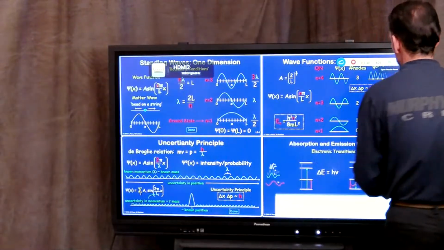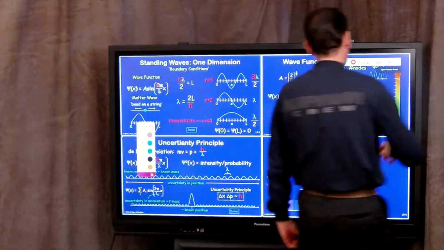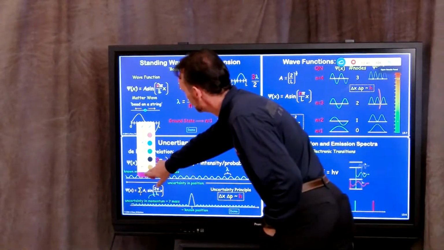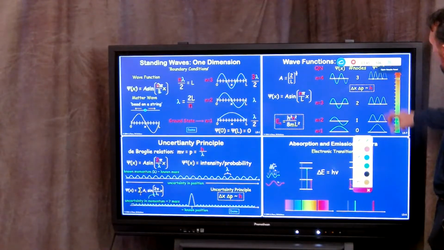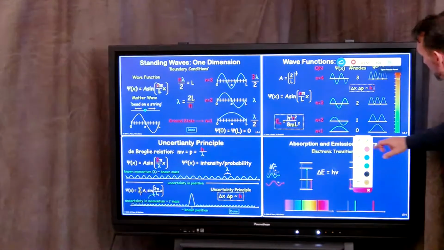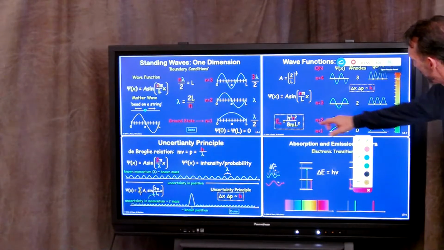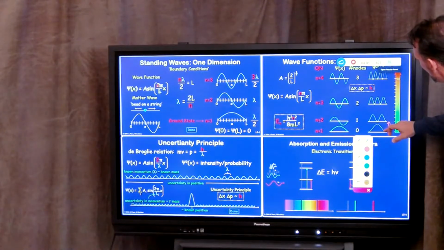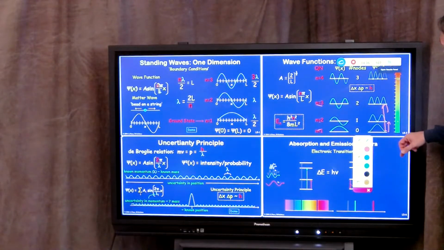That energy spacing is reflected here. So here's the correct energy spacing as a function of n. And now you can see it more clearly that if I'm going to go from energy state 1 to 2, that's that much energy. If I'm going to go from n equal 1 to n equal 3, that's bigger energy.